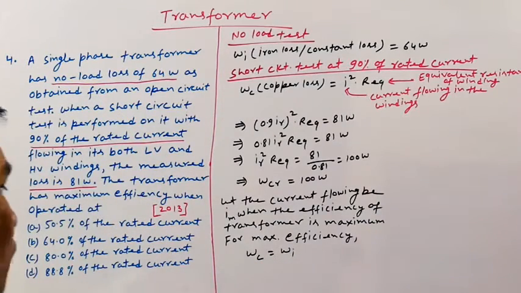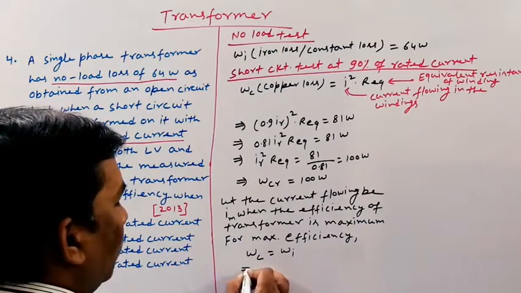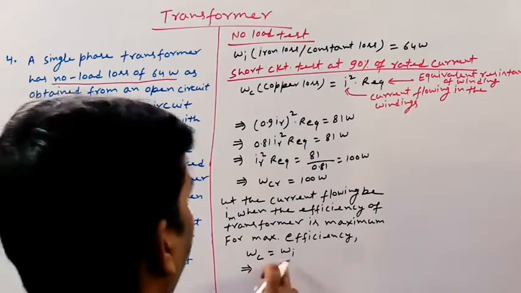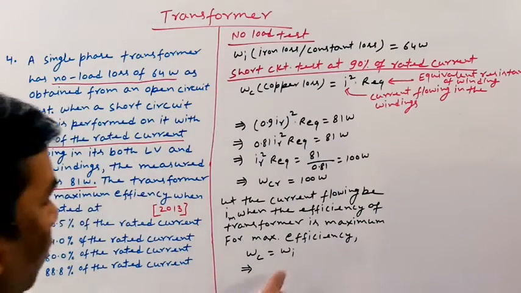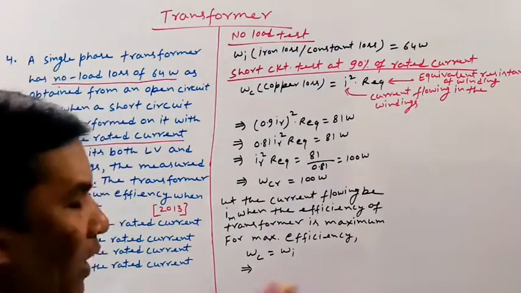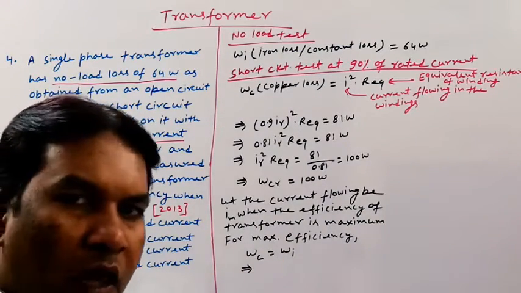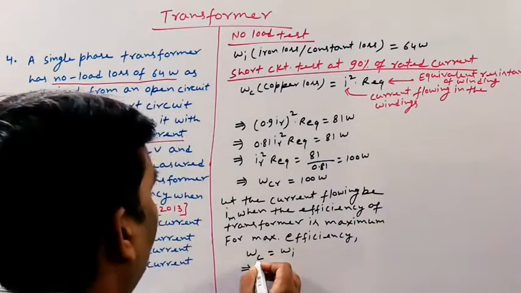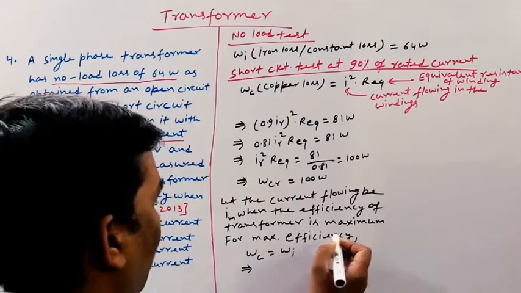The iron loss is also called core loss, because it happens in the core.